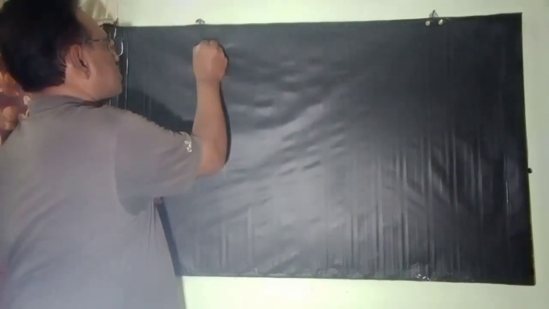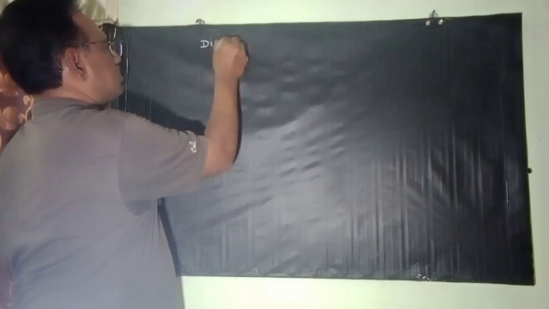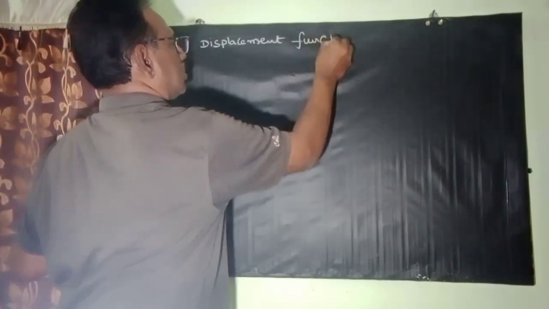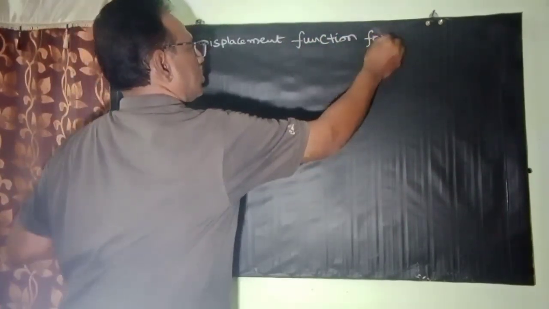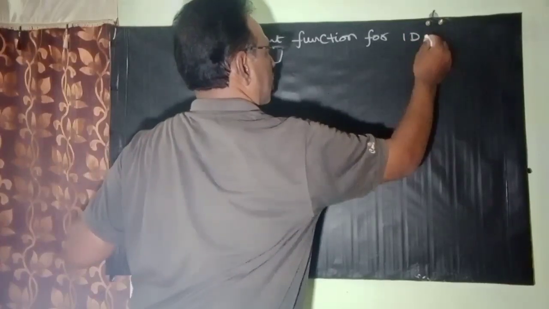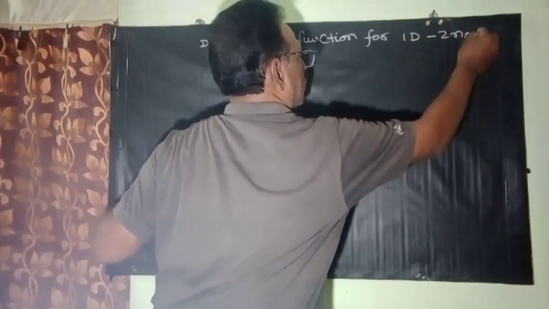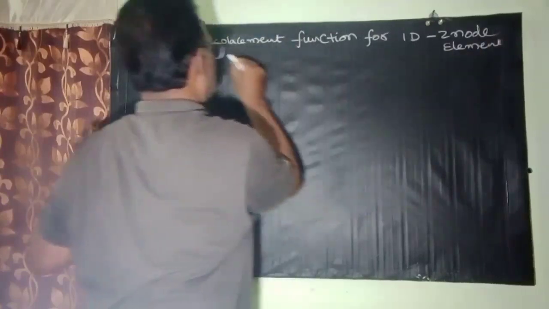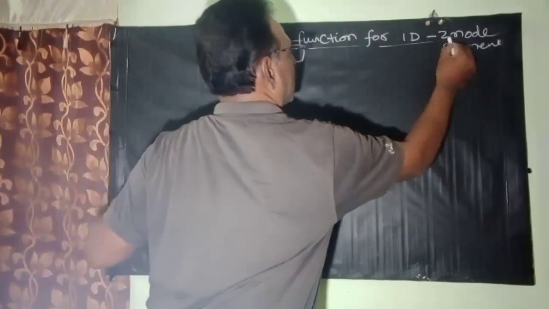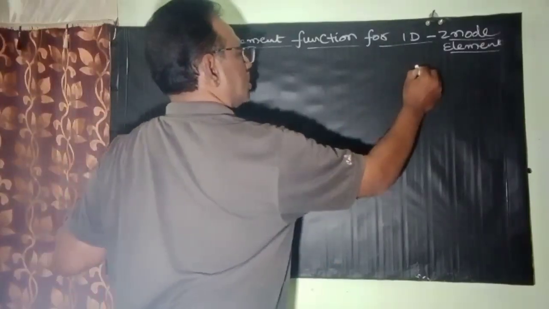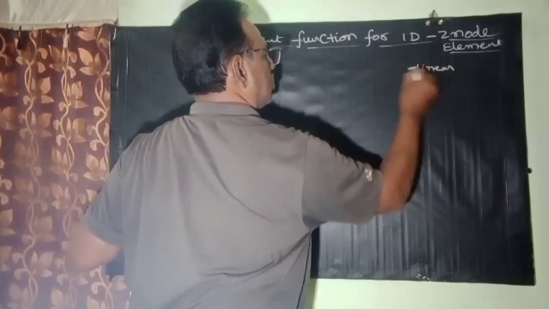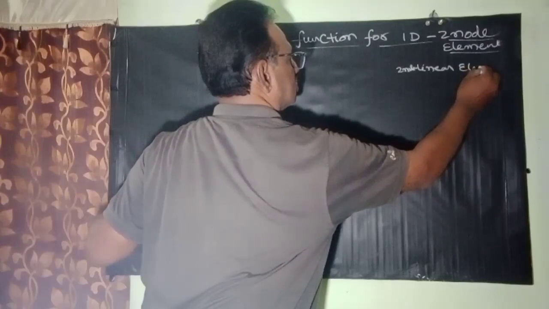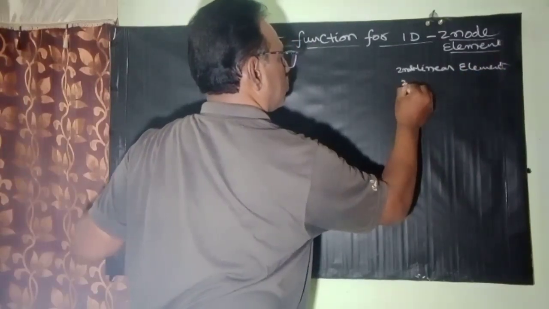The other names for a one-dimensional two-node element are linear element, two-node linear element, or two-node bar element.